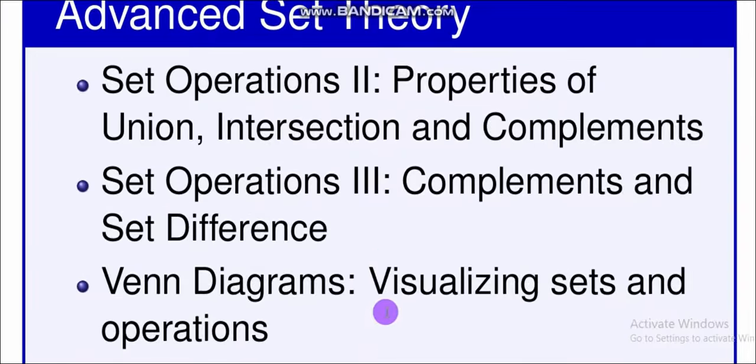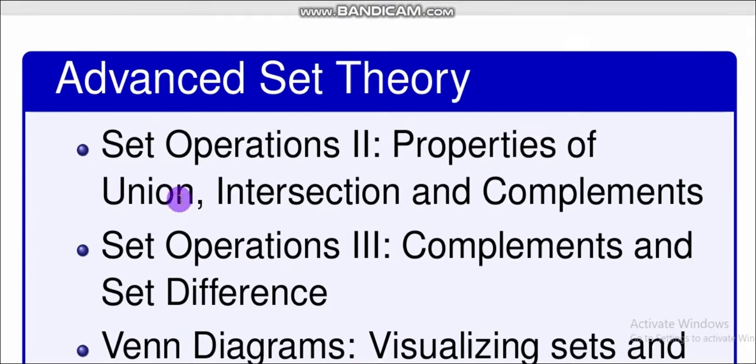Now, here are the things we are going to learn on advanced set theory. The first one is set operations. 2, we are going to see the properties of union, intersection, and complement. In the first video, if you haven't watched the first video, I strongly recommend that you do. You can go to the channel. Under playlist, you will see videos on MTH 101.